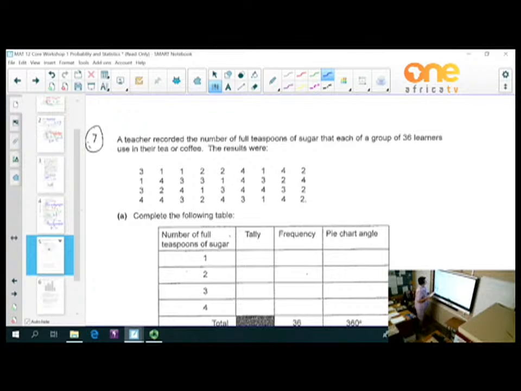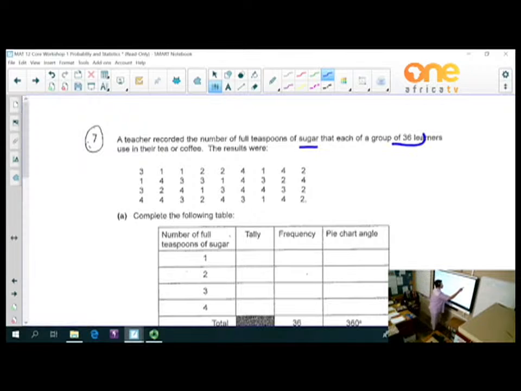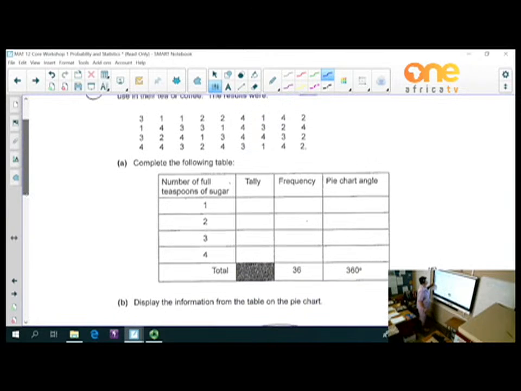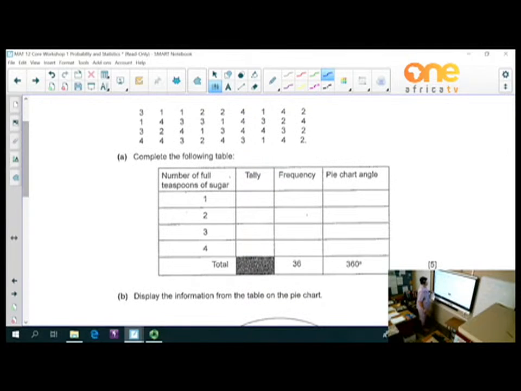Question 7, page 5. A teacher recorded the number of full teaspoons of sugar, and there's my total again, 36 learners using their tea or coffee. There's the results. Now here we have an example of a tally table, where we can use a tally table.